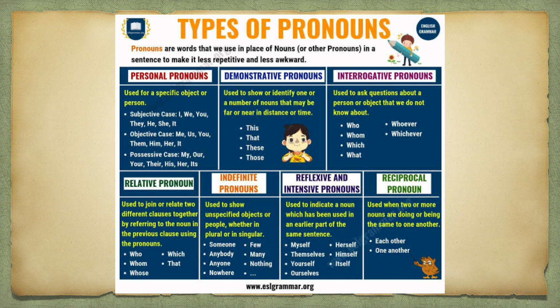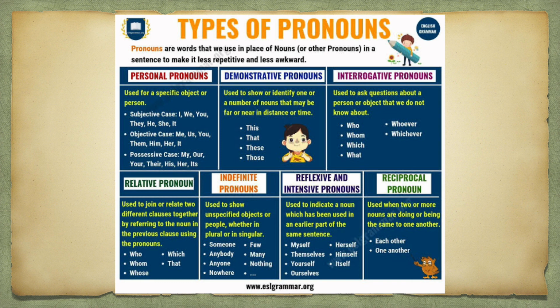The third type of pronoun is a relative pronoun. These refer to a person or thing that has already been mentioned. It should always come next to the noun to which it relates. For people, we use who, whom, and whose.